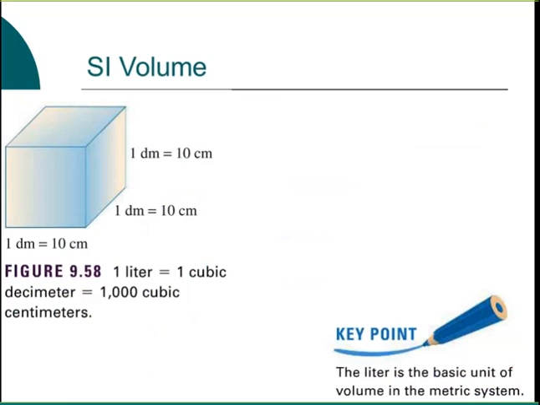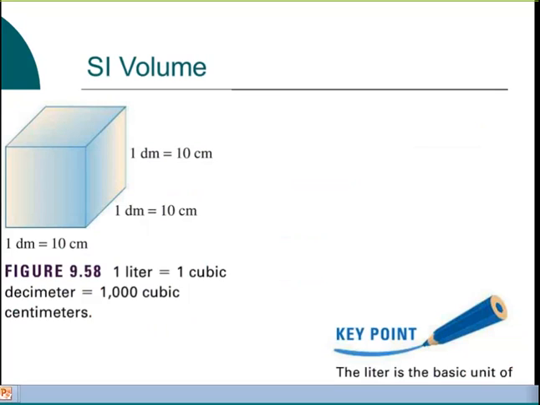Right. So now let's talk about volume for metric measurement. And what we see is that here we've got a decimeter, and 1 liter is equal to 1 cubic decimeter. 1 liter is what we buy at the store.